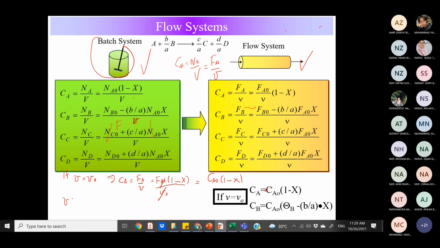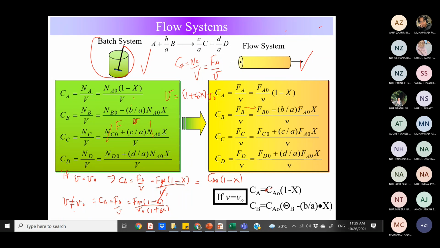Tapi kalau volumetric dia tak sama, you tak boleh buat directly macam tu. Okay, you kena ada CA, yang ni kita akan belajar lepas ni, FA over V is equals to FA0 V naught, alright, ni panjang sikit, 1 minus X, dia akan tambah 1 plus EX, okay, whereby V at any time, at any T, dia akan jadi 1 plus EX V naught.